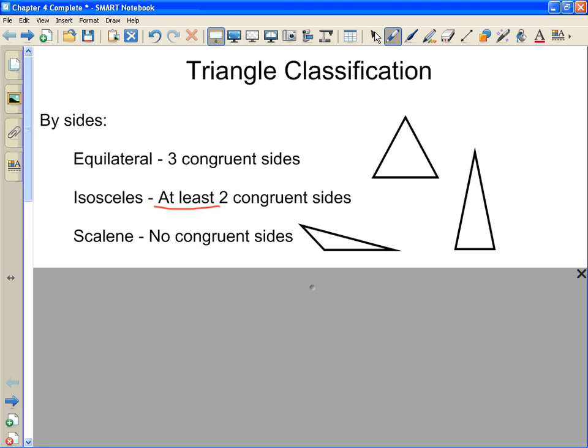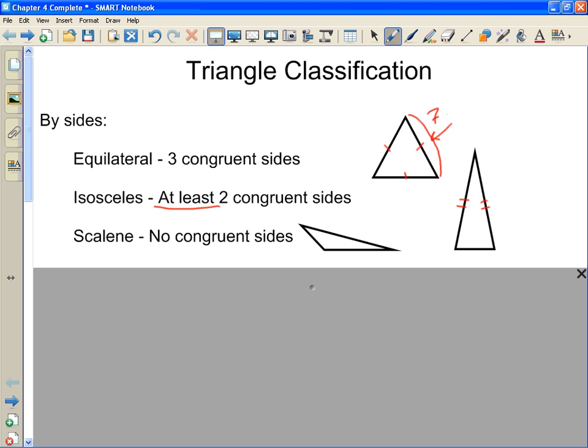So it's important to remember our markings for congruent things. So equilateral, all three of these are the same, so they all get the same marking. Isosceles, I want to mark these the same. I don't want to mark them the same as the mark that I had on my equilateral triangle, though, because I want to make sure that you know that this is some length.